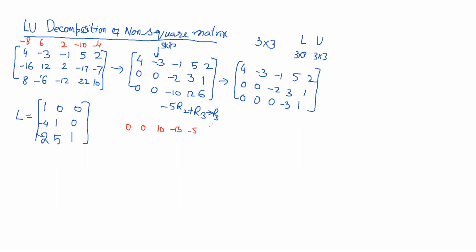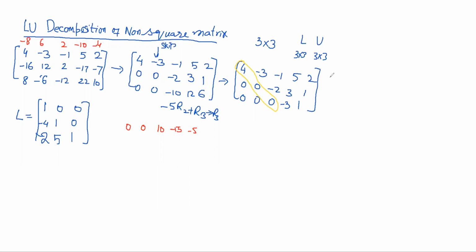Therefore, this will be the lower triangular matrix, and the upper triangular matrix will be this one: 4, minus 3, minus 1, 5, 2, 0, 0, minus 2, 3, 1. In this case, this is the diagonal, and all the elements under the diagonal should be 0.